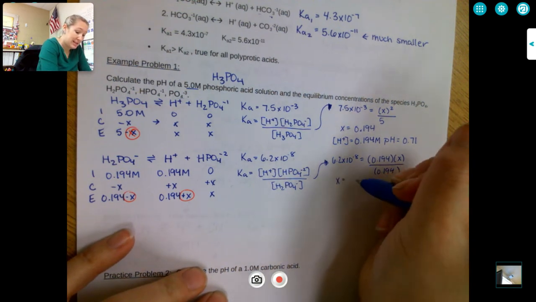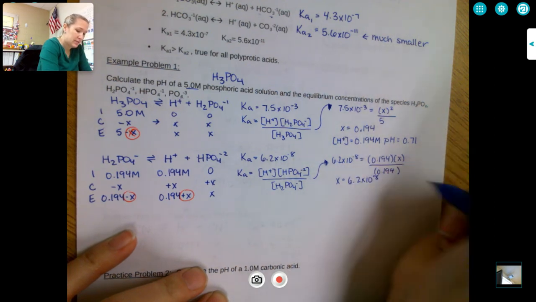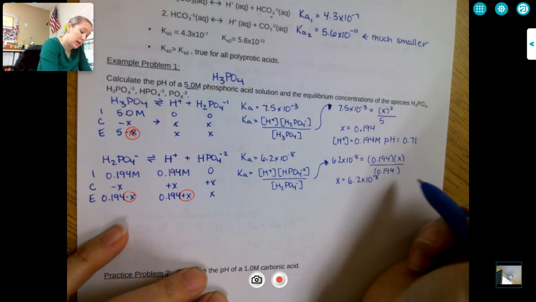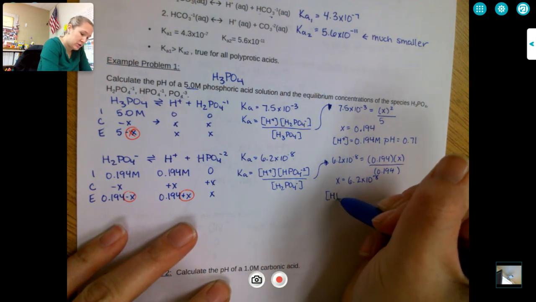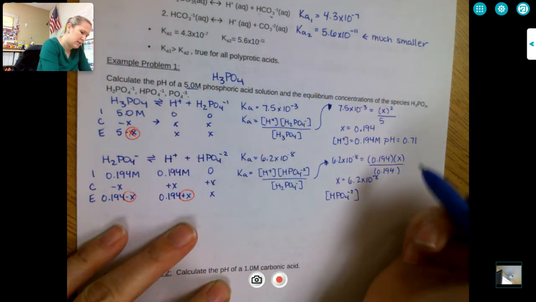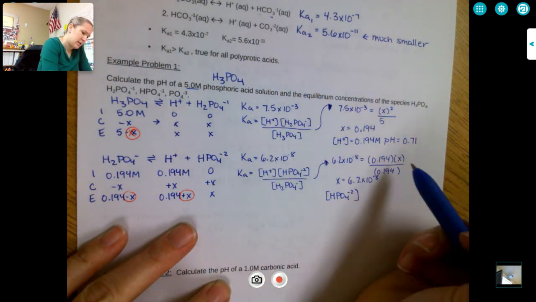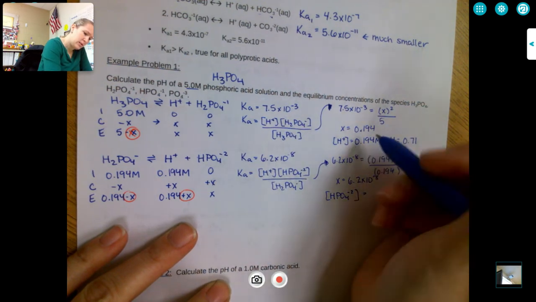So X in this case is equal to the Ka value, 6.2 times 10 to the minus 8. So then that is our concentration of HPO4 minus 2, which is something we're asked to find. I guess we're also asked to find this guy up here, which we did.